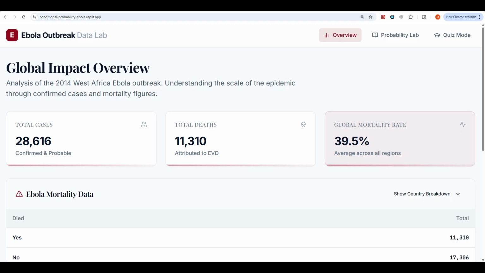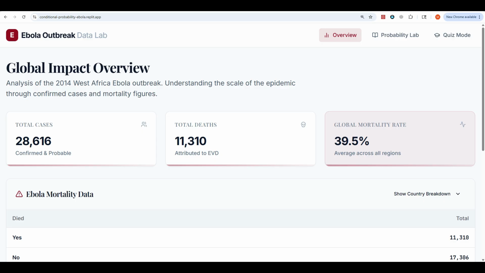So this web app starts off with a little introduction to the global impact of the 2014 Ebola outbreak in West Africa. And along the top, you see three tiles that give you information on the total number of cases, 28,616. These are either confirmed or probable, as the reporting guidelines would require.